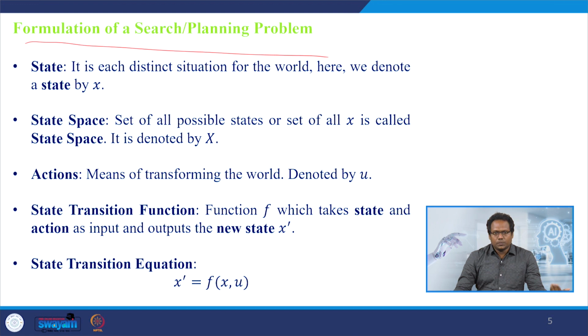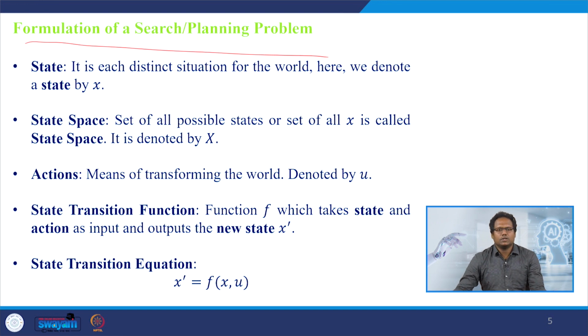So the state space X is formed by the possible states forming the state vector space, and the actions are the means of transforming the world, denoted by u. That means through this action the system will have the transformation of state from one state to another state, say from x1 to x2.